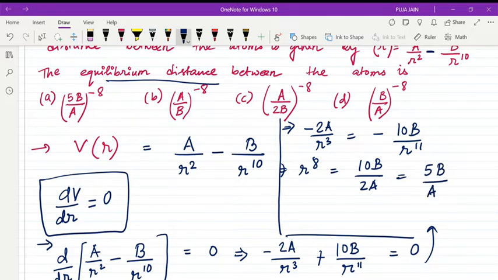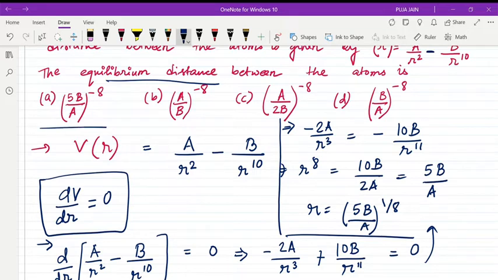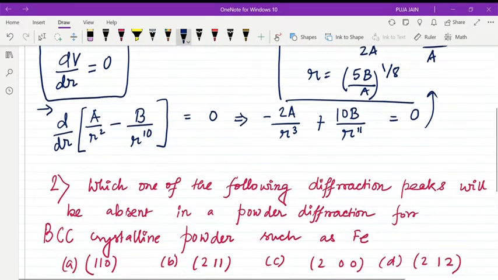So we will get r is equals to 5b by a whole to the power 1 by 8, right? So our answer is option A, which is matching, that is 5b by a. These are all 1 by 8, not minus 8, these are all 1 by 8. So our answer is option A. I hope you understood this.